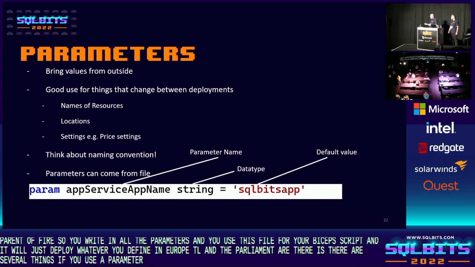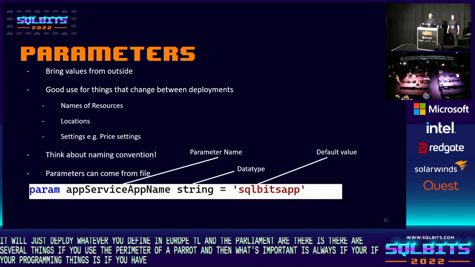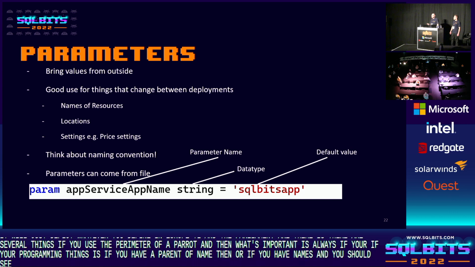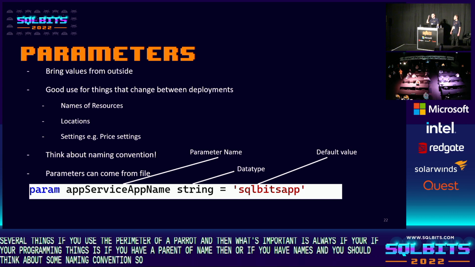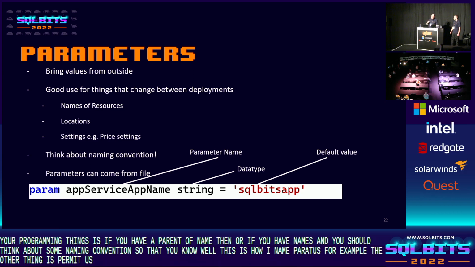First of all, a parameter name. What's important, as always when programming, is that you should think about a naming convention, so that you know, well, this is how I name parameters, for example. The other thing is parameters also have a data type.